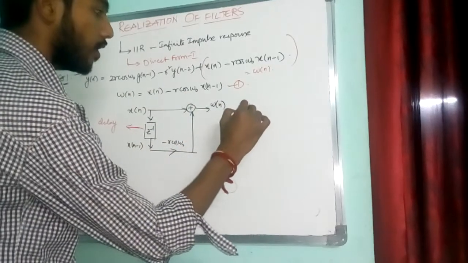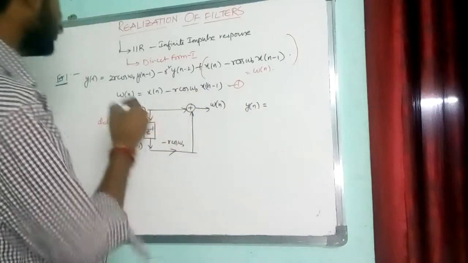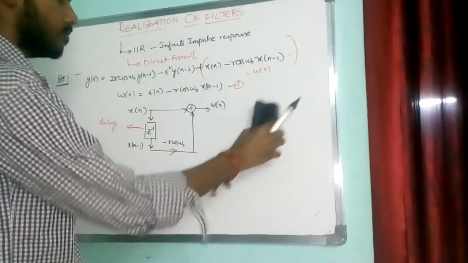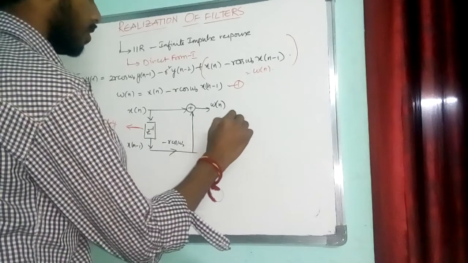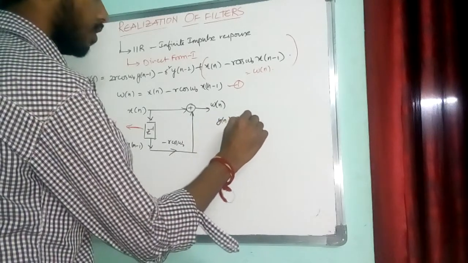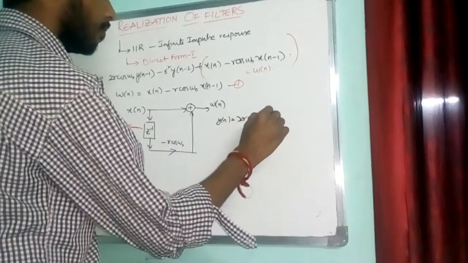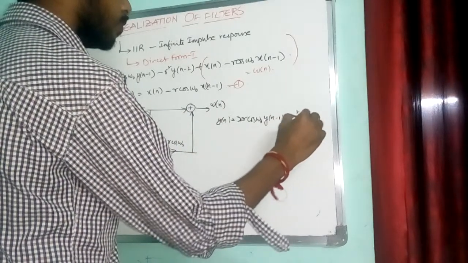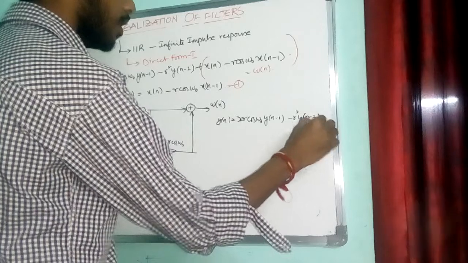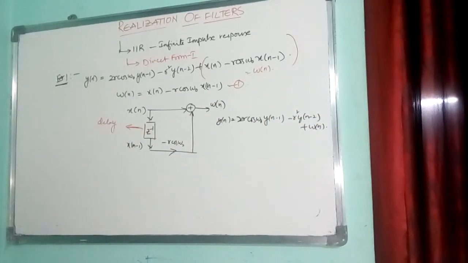Now consider y of n. What is y of n? It is 2r cos omega naught y of n minus 1 minus r square y of n minus 2 plus w of n. There is plus w of n.